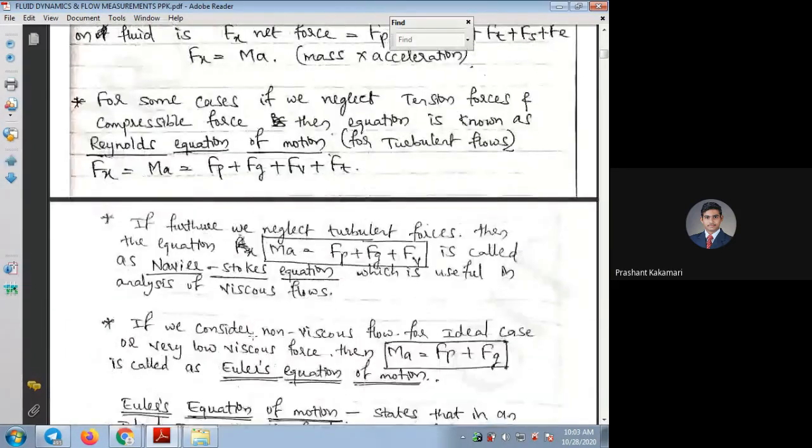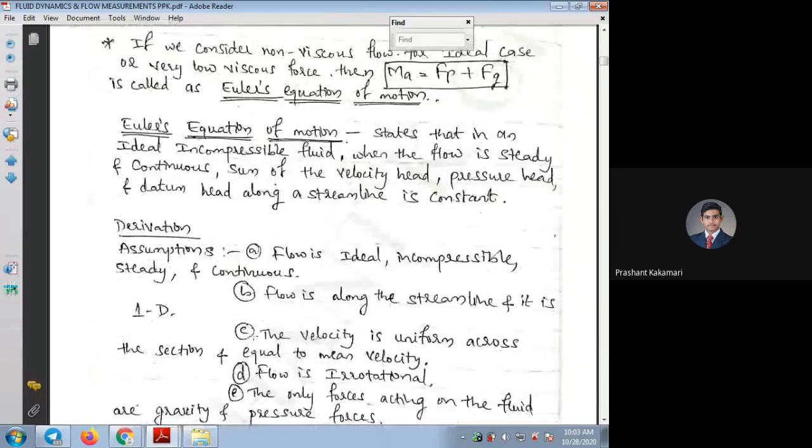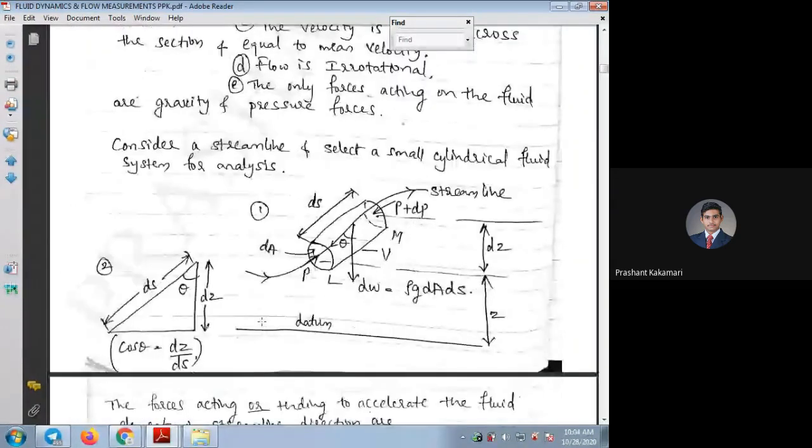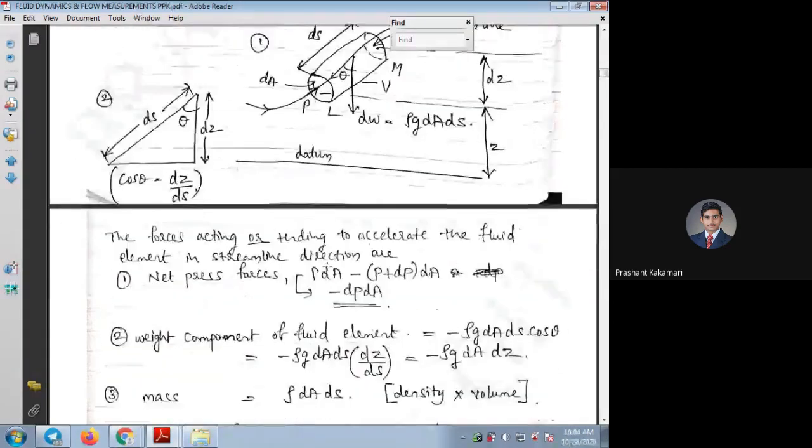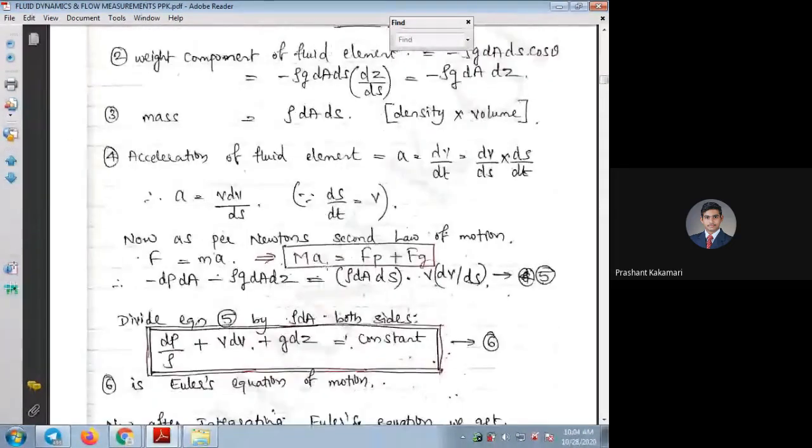I hope that for this derivation I have repeated twice how to consider this sketch in the flow, with forces acting on the fluid, considering weight also. Weight is also one of the forces acting on different bodies. Taking that into consideration, we derived that force equals pressure force plus gravitational force. After analyzing all these equations, we have written mass into acceleration.